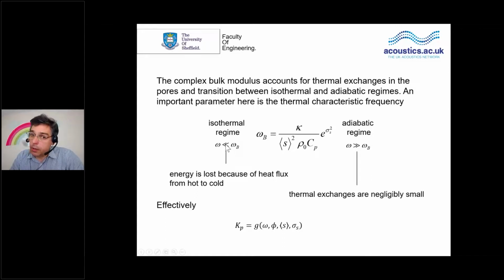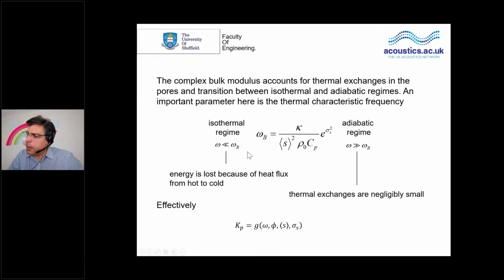So when the frequency is relatively low, then we are in the isothermal regime, and basically thermal energy can flow from hot areas where the sound wave causes compression to cold areas where the sound wave causes rarefaction. And this is the isothermal regime. When the frequency of sound is relatively high, it's the adiabatic regime, and that's where thermal exchanges are negligible.